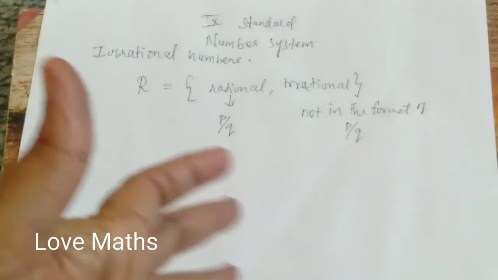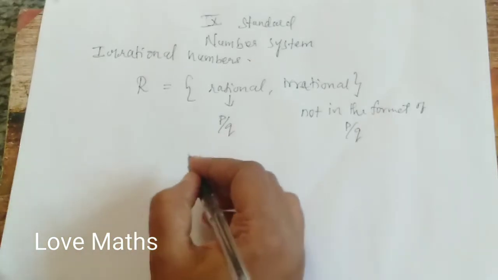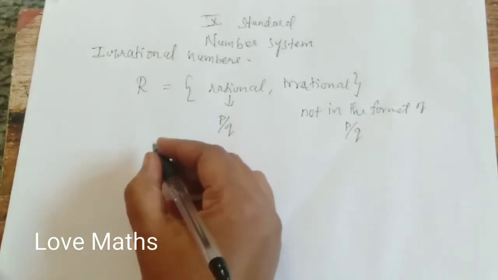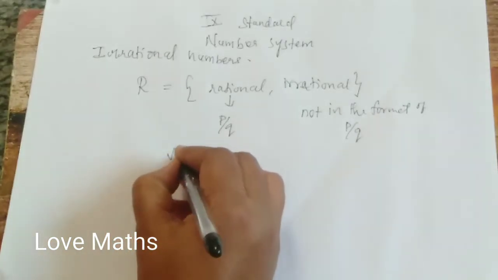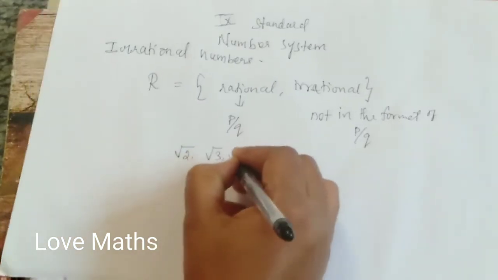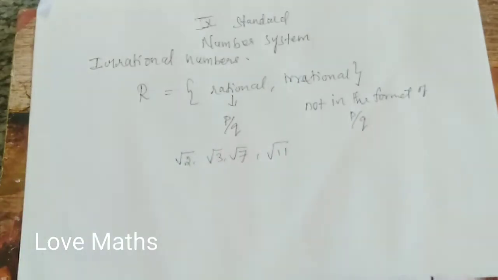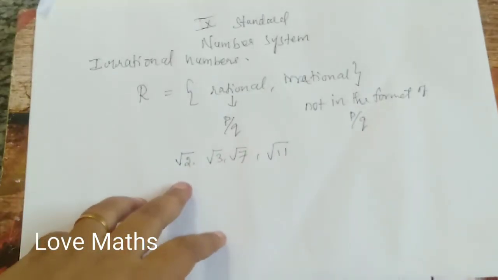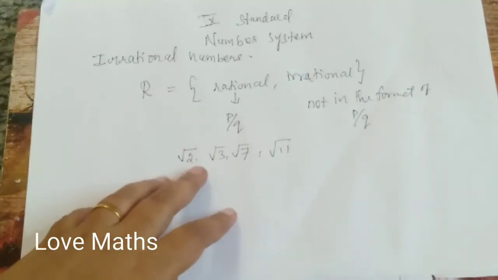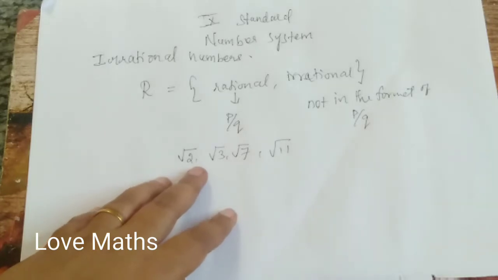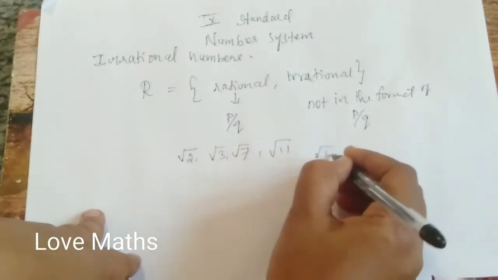Okay, so what numbers are irrational numbers? We already learned some values like root 2, root 3, root 7, root 11 like this. These types of numbers are called irrational numbers. We can't write these in p by q format. Okay, is root 4 an irrational number?